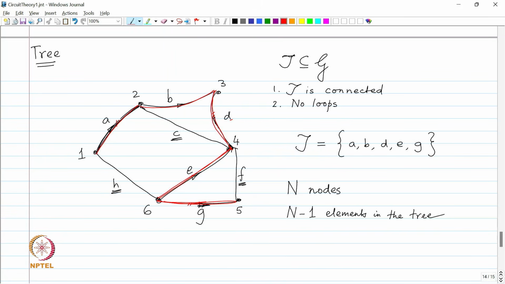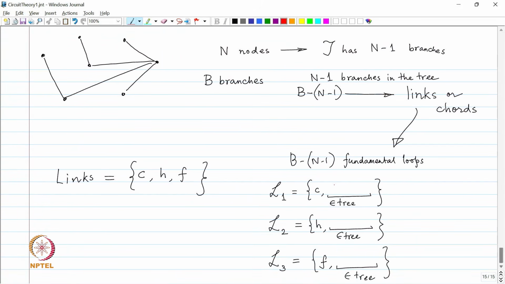It is a shortcut between 2 and 4. But if you go along the tree, then you can go through B and D. Along the tree, you can take B and D to go from 2 to 4, and therefore, B, D and C form a loop. All right, we are going to call this a fundamental loop.